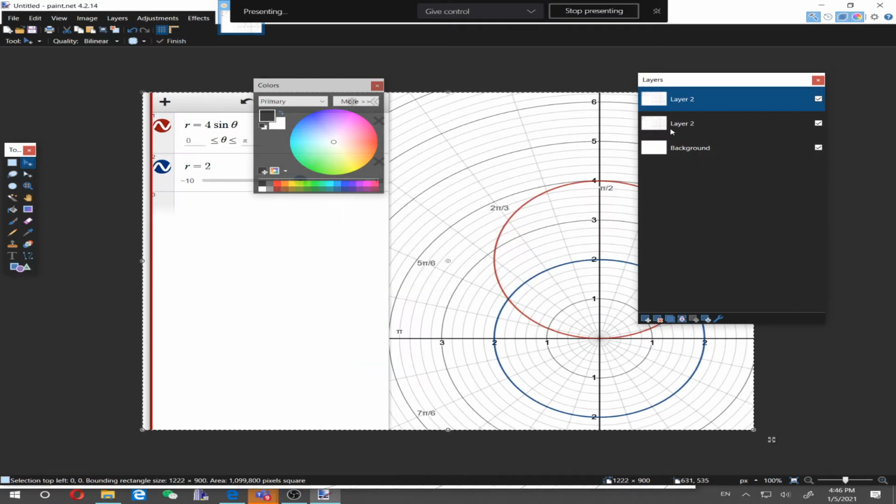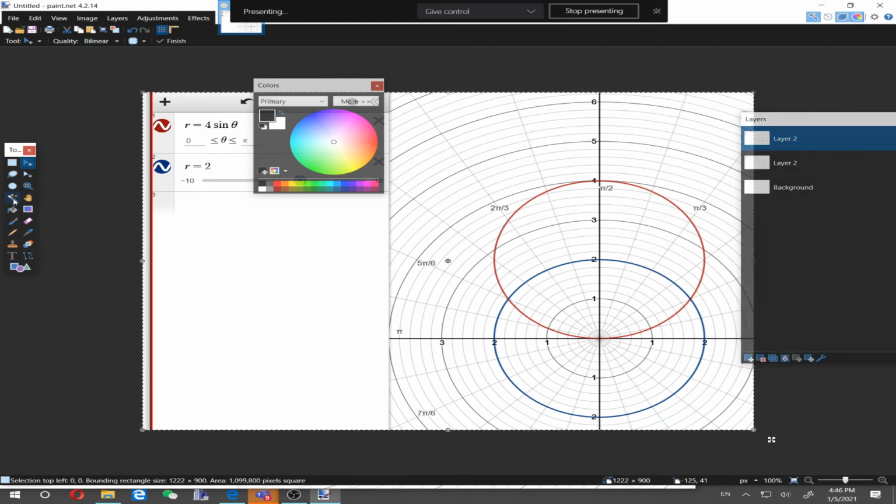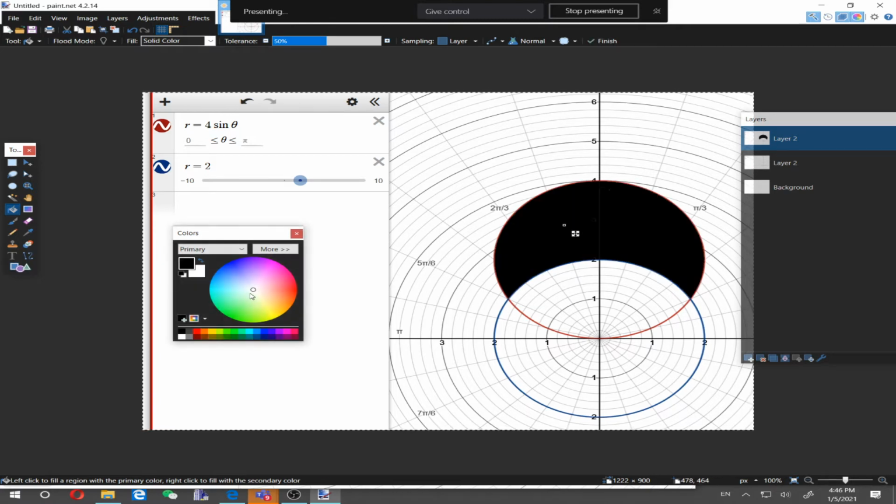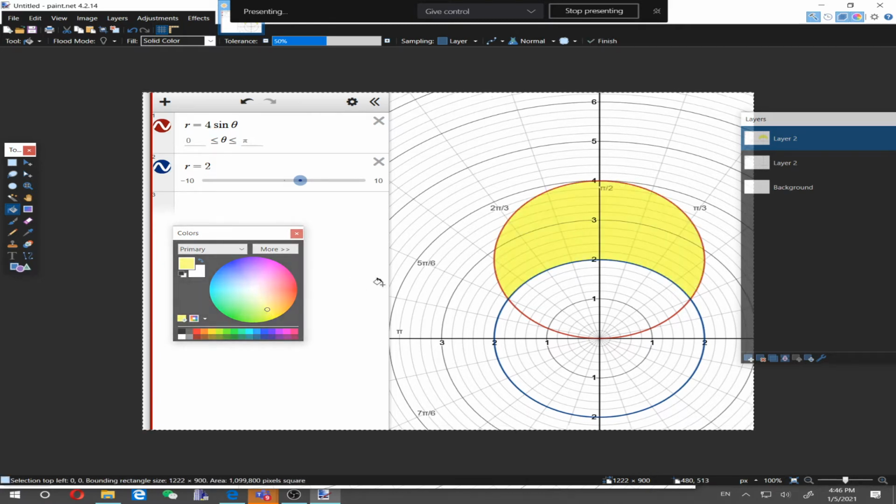So if I am inside the region of r equals 4 sine theta, so that means I'm inside the red graph, but I'm outside the blue graph, then I'm really looking at this area here in yellow.